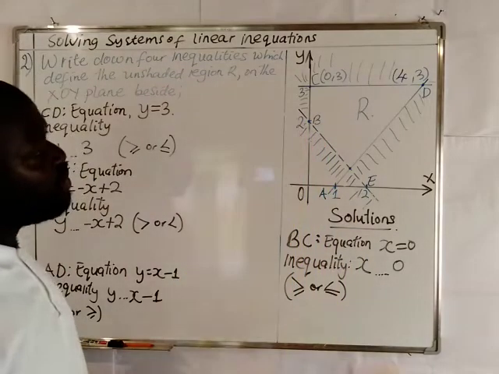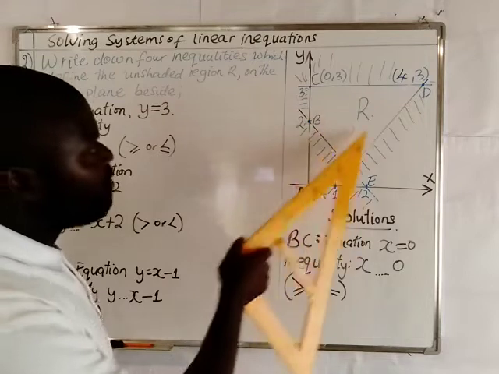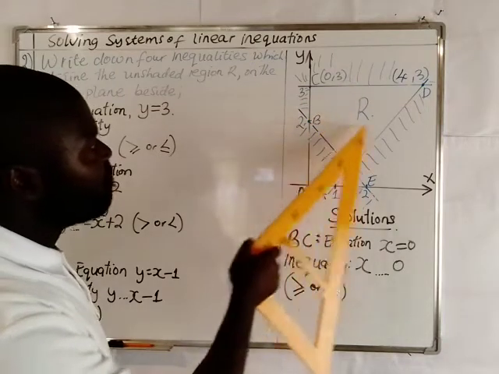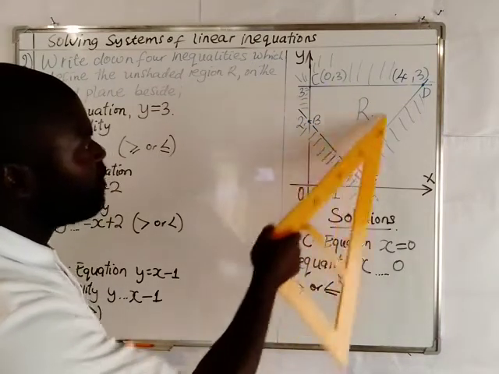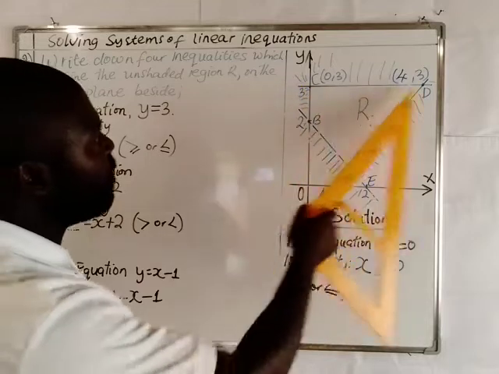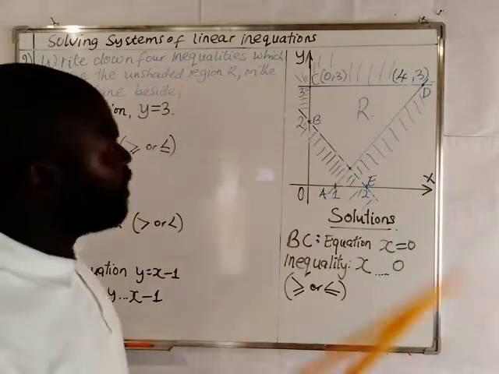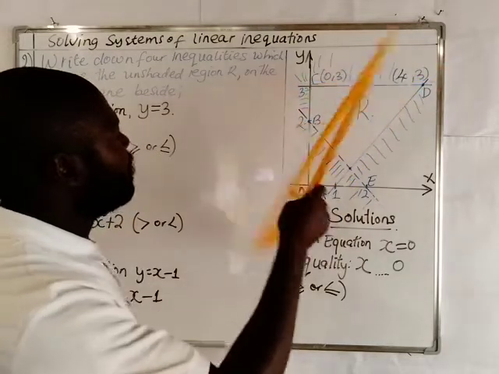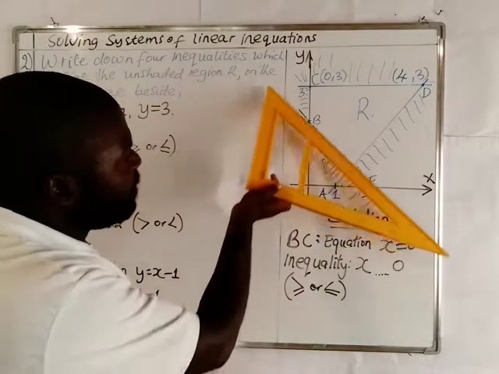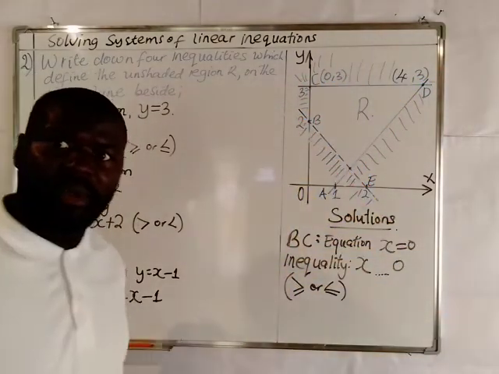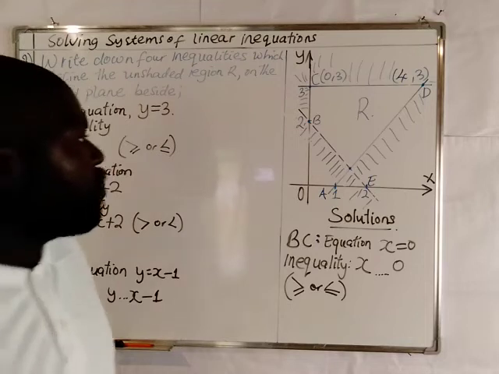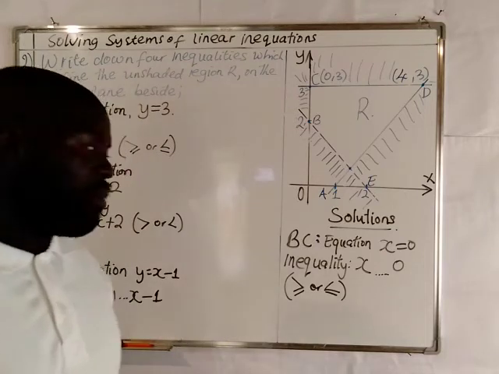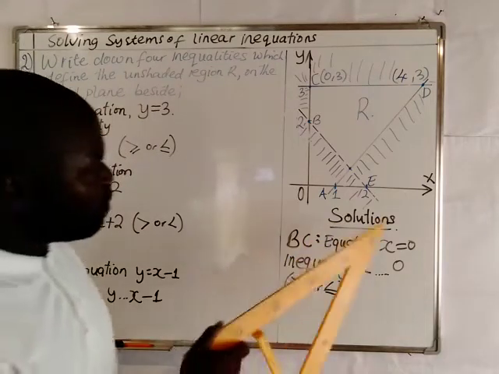On the XY plane, there's a region inside these boundaries. You can see the boundaries AD, CD, BC, and BE. These are the boundaries whose inequalities we are going to come up with.